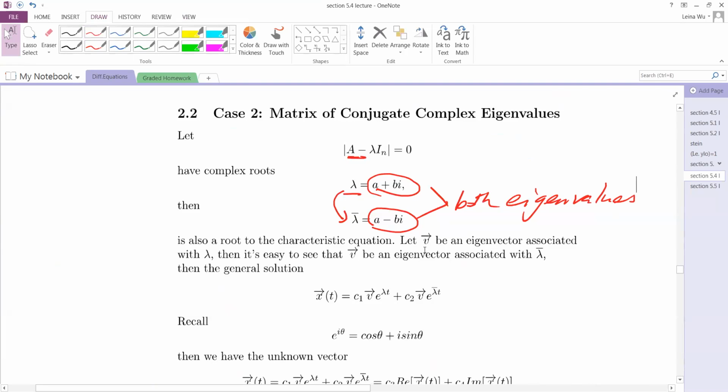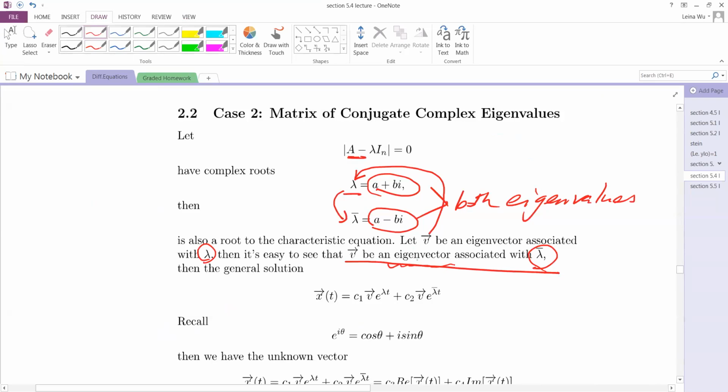Suppose vector v is the eigenvector associated with lambda. It's easy to show that the vector v will also be an eigenvector associated with lambda bar. So the eigenvalues lambda and lambda bar, being two complex numbers, share the same eigenvector.